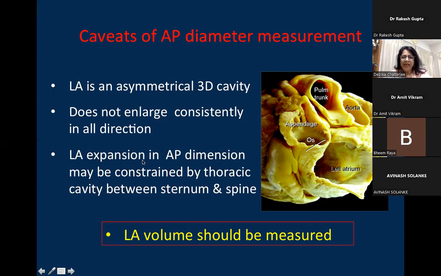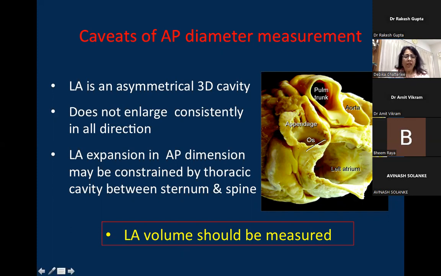Moreover, LA expansion in the anteroposterior dimension may be constrained by the thoracic cavity, between the sternum in the front and the spine at the back. So LA volume should be measured along with the anteroposterior, linear dimension of the left atrium.